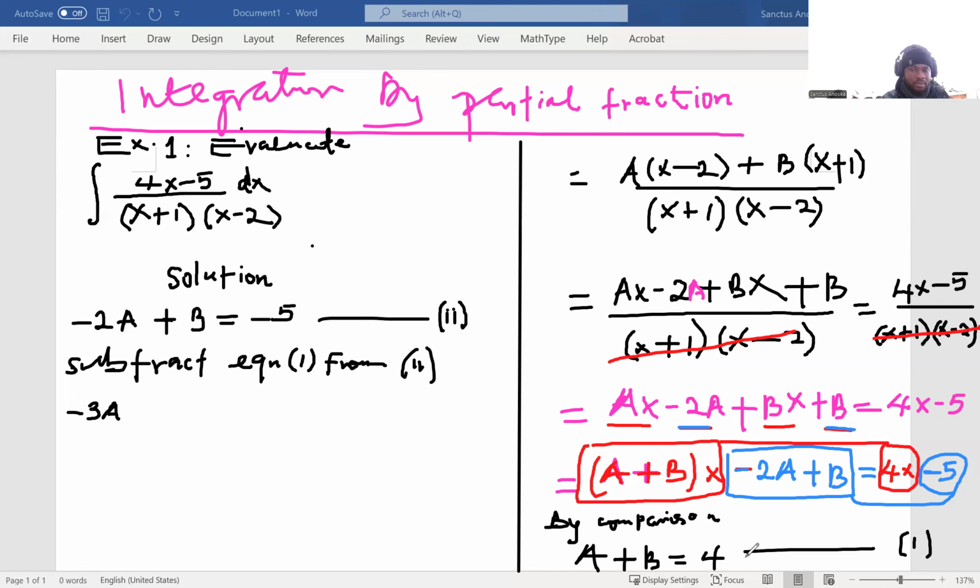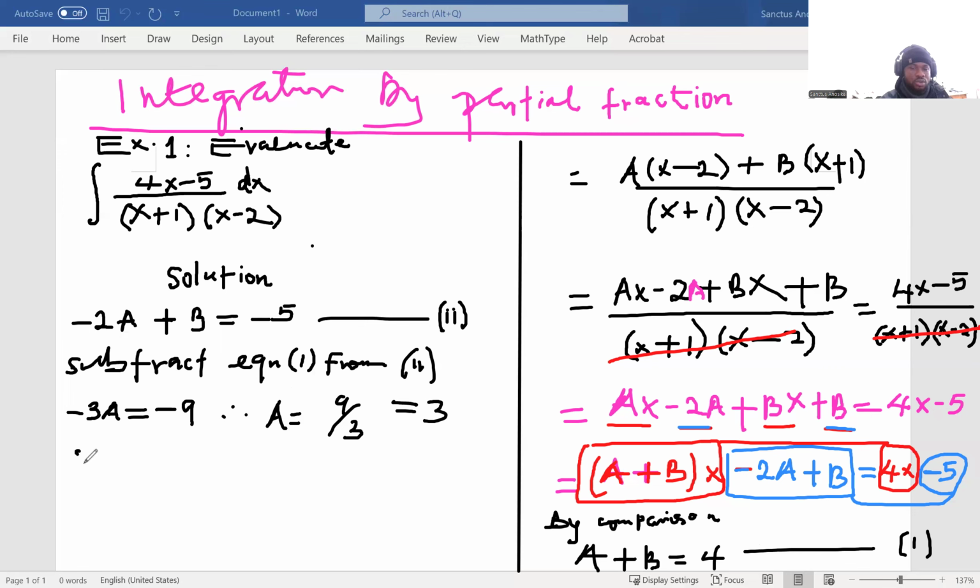Minus 5 minus 4, that is minus 9, equal to minus 9. So therefore, a is equal to 9 over 3, which is 3.